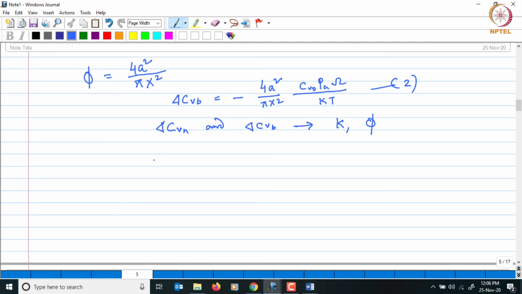And now we can write the vacancy concentration difference delta C as delta CVN minus delta CVB.